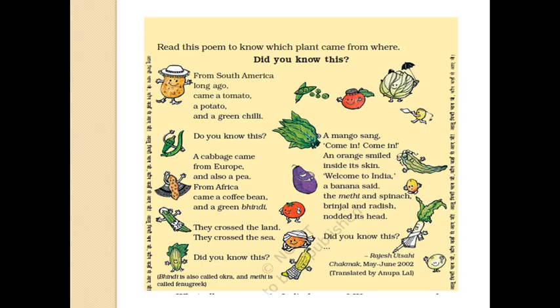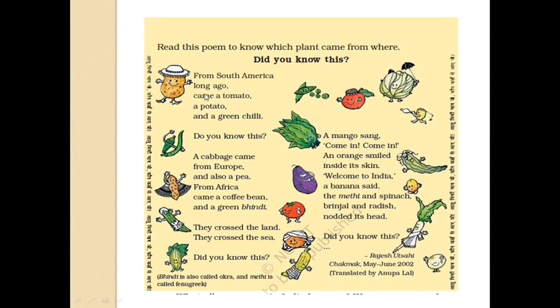Now we will go towards a small poem mentioned in your textbook. We will read that. Read this poem to know which plant came from where. As I have told, many plants are scattered, meaning the seeds are scattered and grow into new plants because of scattering. But some vegetables and some fruits came to India from other countries, and we will learn that through one poem.